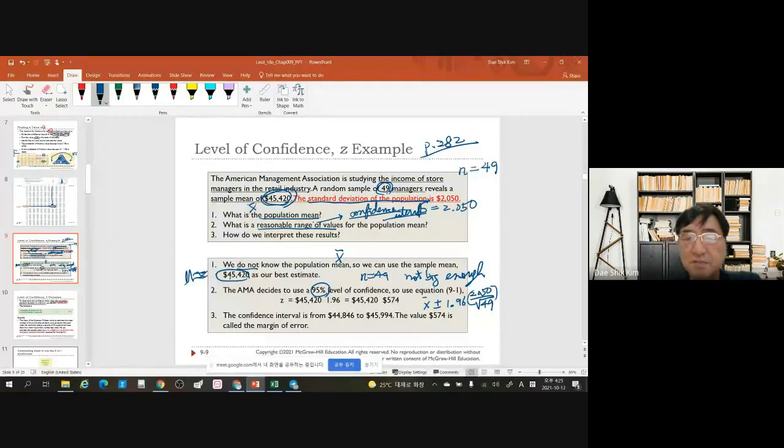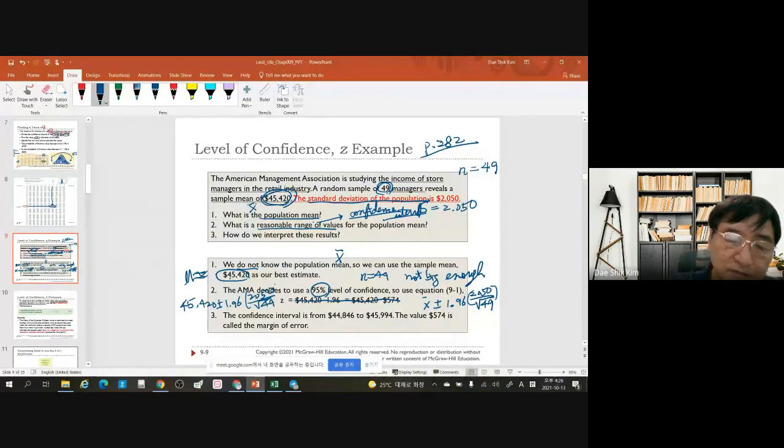Some value is missing here, so I will erase. The x bar is 45,000, so x bar is 45,000 plus minus 1.96 times 2050 divided by the square root of 49.